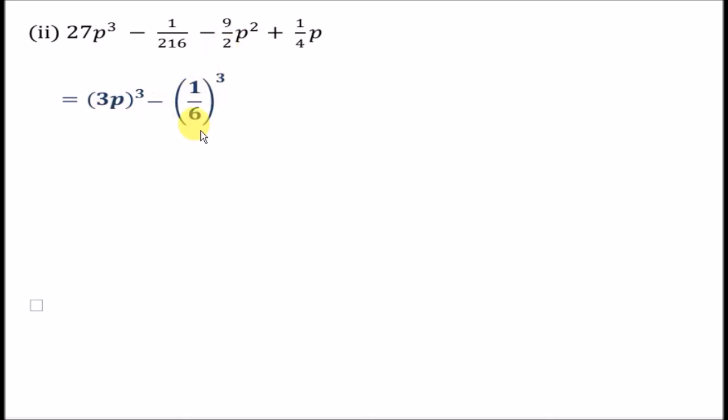So we have got our a cube and b cube, a cube minus b cube. Now minus 3ab will be minus 3 into 3p into 1 by 6, and a minus b will be 3p minus 1 by 6. Now if we compute, then we will get the last two terms, that is minus 9 by 2p square plus 1 by 4p.